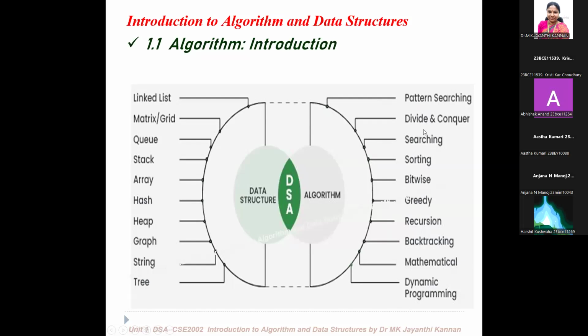Third unit, divide and conquer algorithm, sorting algorithm, and searching algorithm. Second unit we discussed sorting and searching algorithms. Third unit we are using brute force approach and divide and conquer algorithm. In the fourth and fifth units we may be using greedy algorithm along with the graph, and recursive algorithm may also be used.